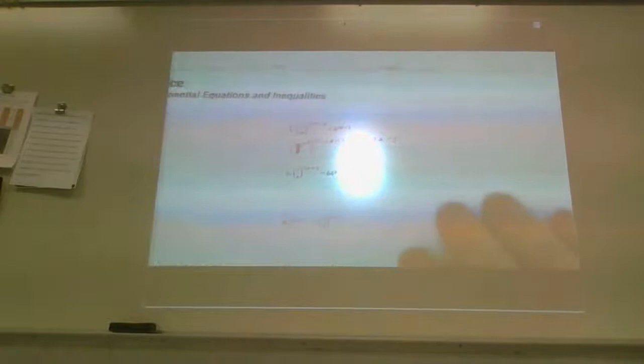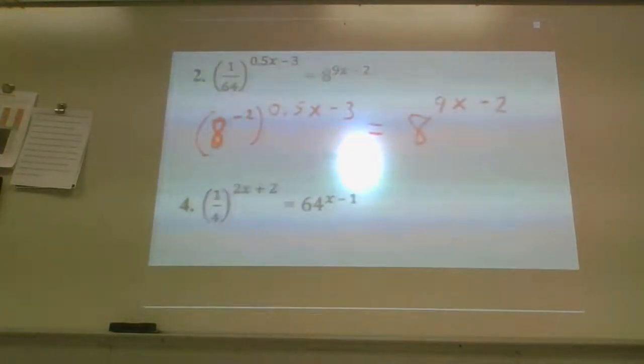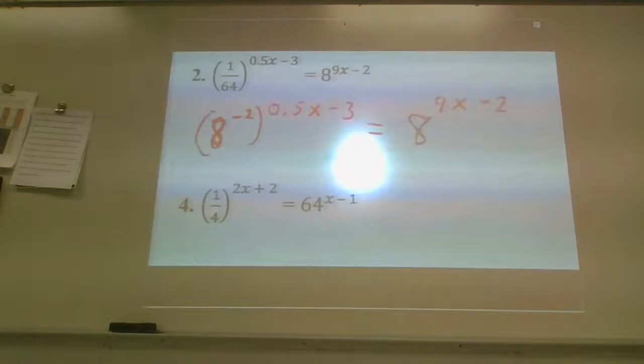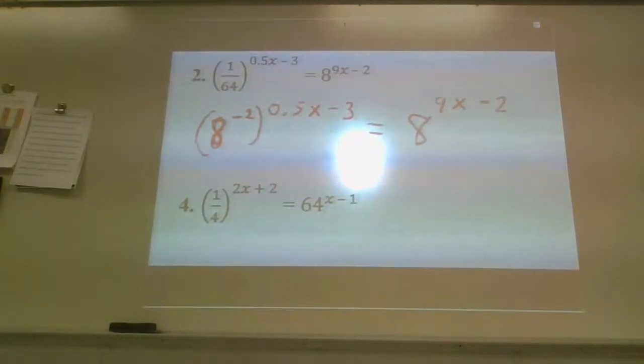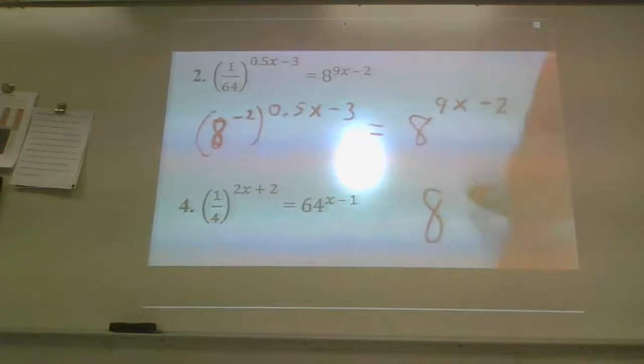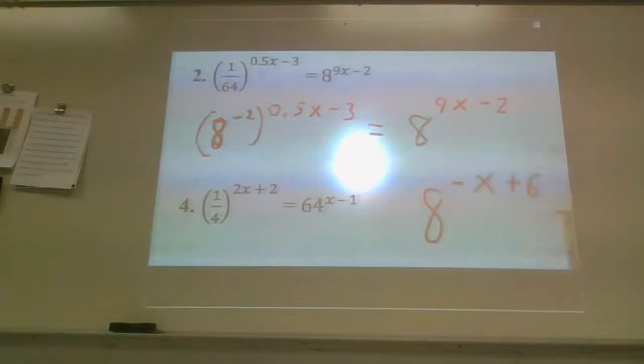On this problem, zooming back in, come on, camera. There it goes. I needed to change that 1 over 64 to an 8 to the negative 2 power in order to get the bases to be the same. Once you get those bases to be the same, then we are on our way to solving this particular problem. I am going to have to multiply those exponents together, which I'm going to move the problem over in a moment.